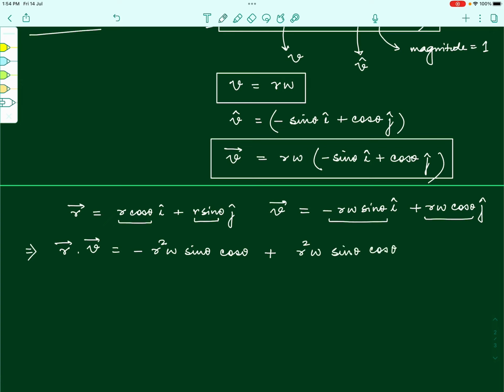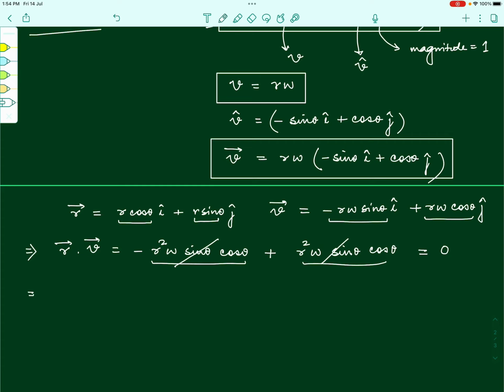This comes directly from the formula for dot product. And if we look at it carefully, the two terms are exactly the same, just that one is with a minus sign. So, the two will cancel out and we will get the result as 0. The dot product of vector r with vector v is coming out to be 0.